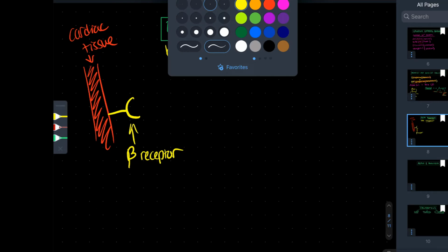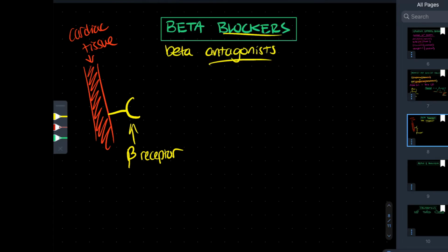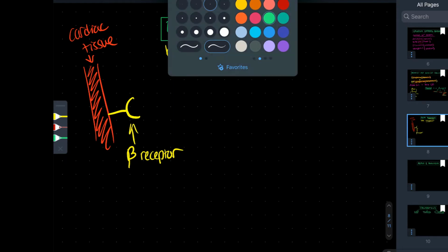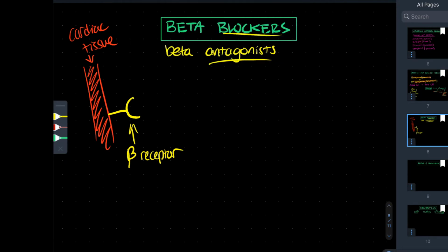This is pretty simple, once again, it's all about agonists and antagonists. Normally, instead of saying epinephrine and norepinephrine every time, I'm going to say epi or NE. These two would normally bind here to a beta receptor on the cardiac tissue.